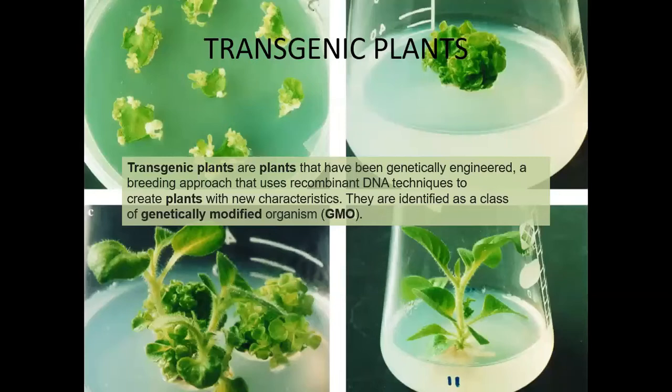Transgenic plants. Transgenic plants are those plants whose genetic material has been modified by using recombinant DNA technology. This is done to introduce new characteristics or properties such as the size, length, or color of a plant or animal.